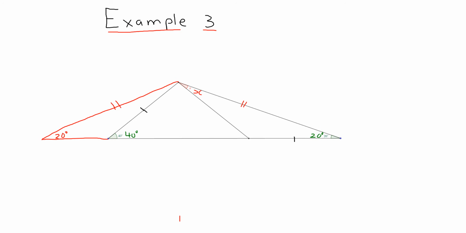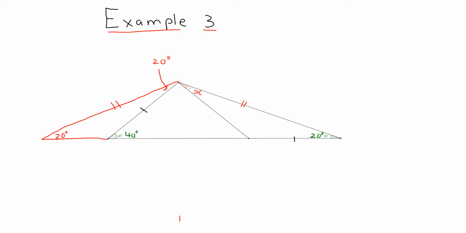And looking at this, I've got this is 40, this is 20, so 20 plus this must equal to 40 because those are those exterior angles. So I know that this is 20 degrees as well. And let's now look at our triangles. I've got 20 between a 1 dashed line and a 2 dashed line, and a 20 between a 1 dashed line and a 2 dashed line.